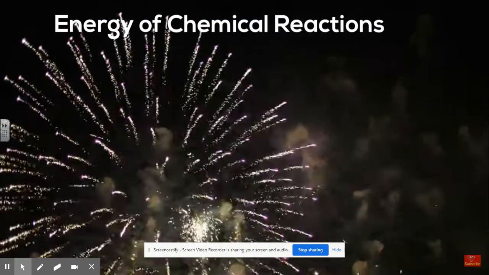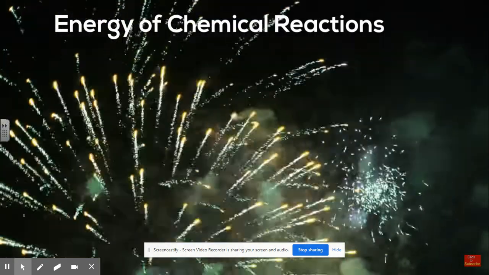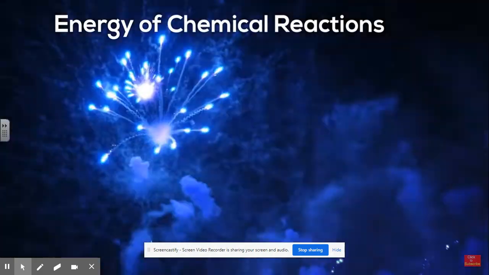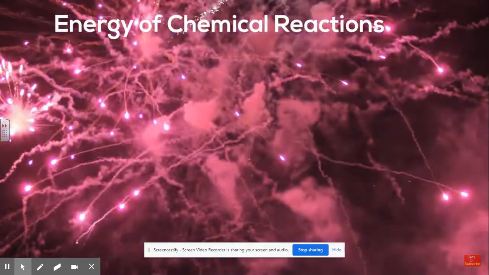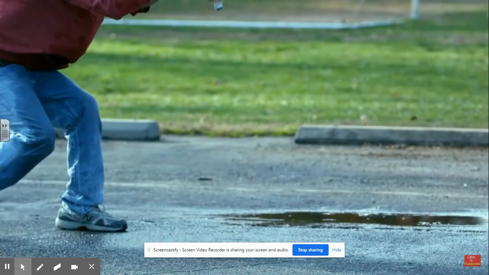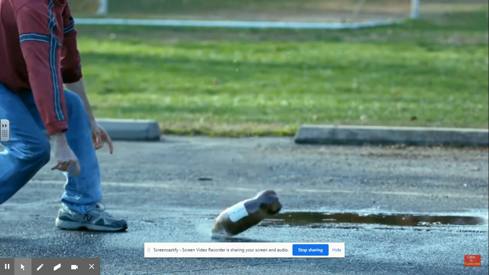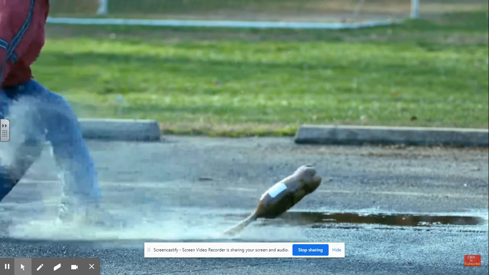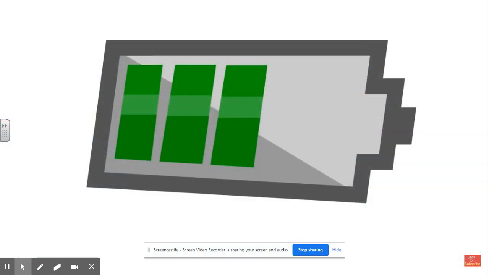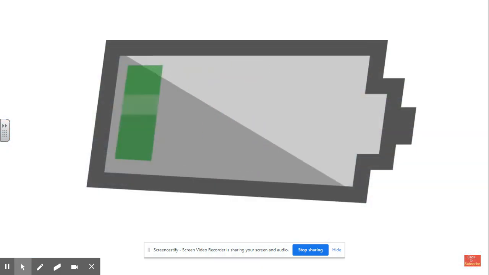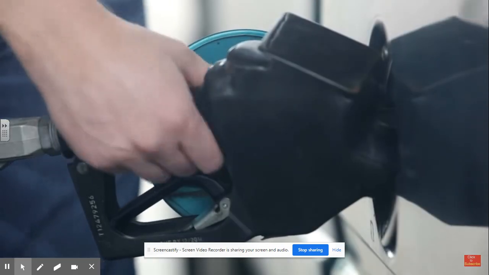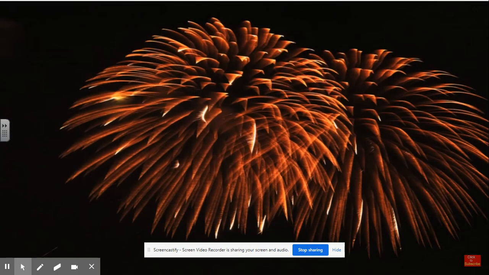Chemical energy is the energy of chemical reactions. Chemical energy of a chemical substance can be transformed to other forms of energy by a chemical reaction. A chemical reaction is one chemical substance is transformed into another. Examples of chemical energy include batteries, burning gas in a car, and fireworks.